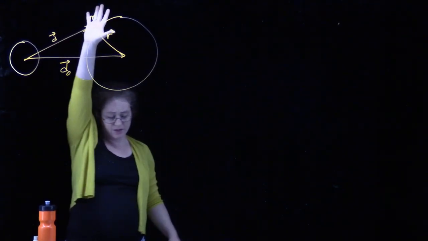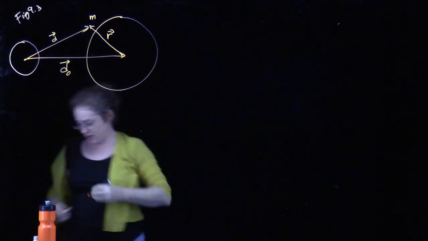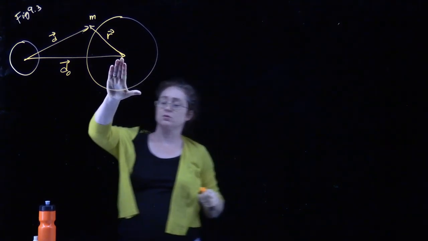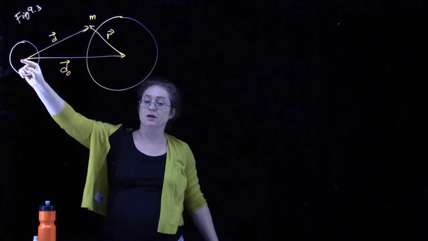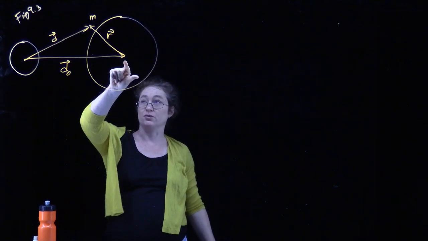So here I have drawn figure 9.3. I tried to draw it large enough that you can actually see details. We're going to try to calculate the effect of the tides. Here we've got the distance between the center of the moon and the center of the Earth.